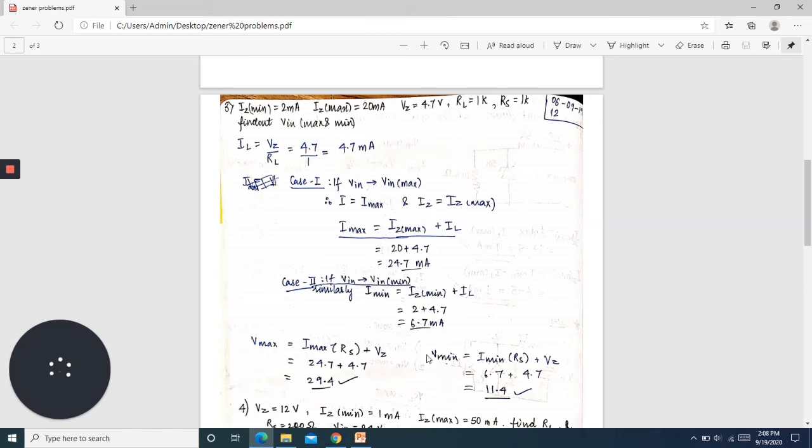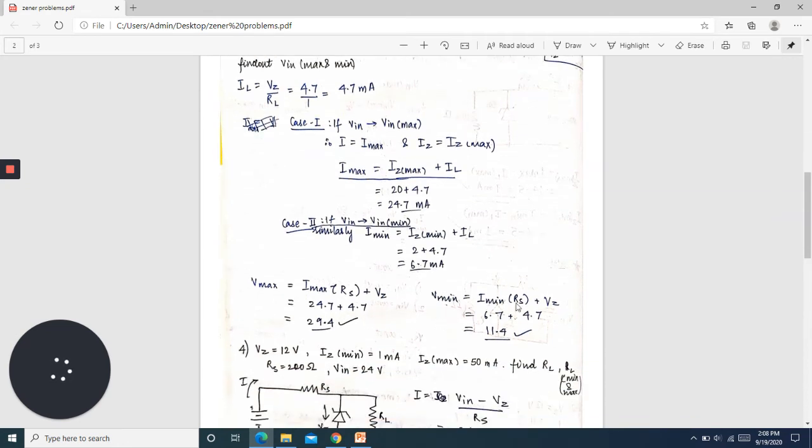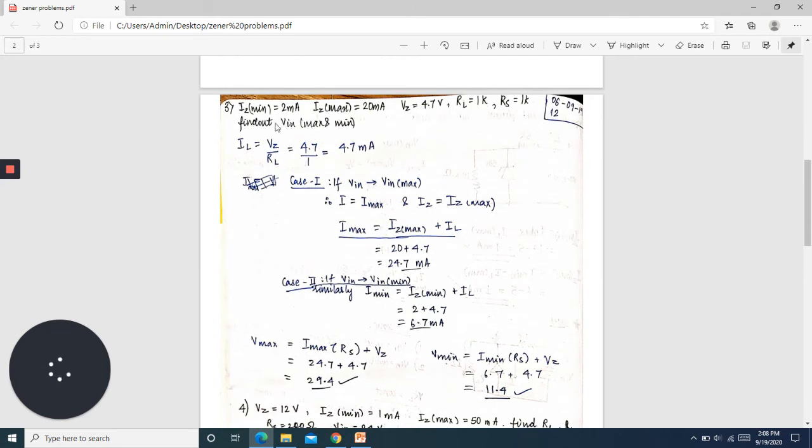So IL can be easily found: it is VO by RL, which is equal to VZ by RL, which we get as 4.7 milliampere. IL is constant.